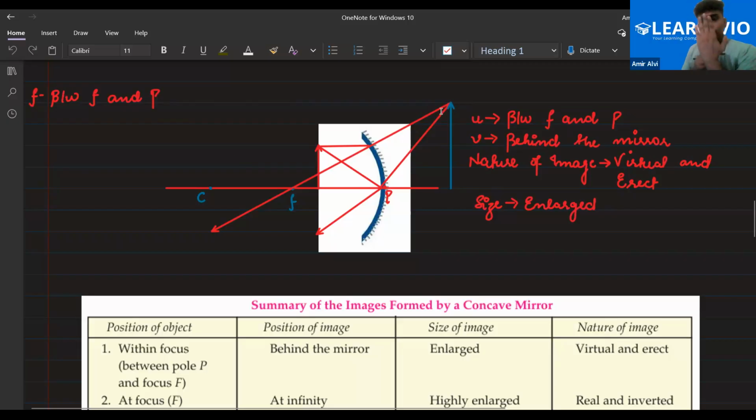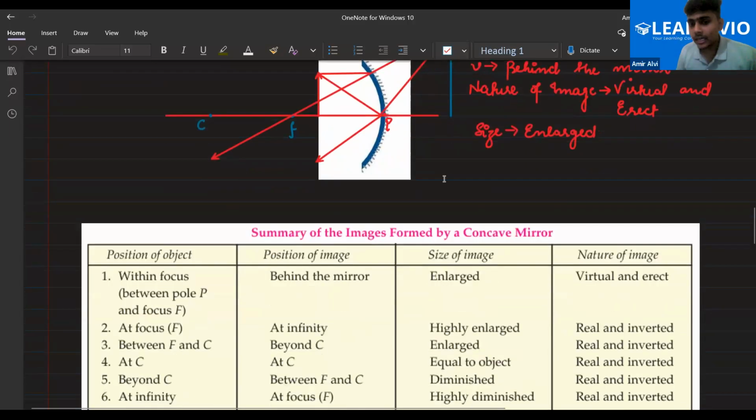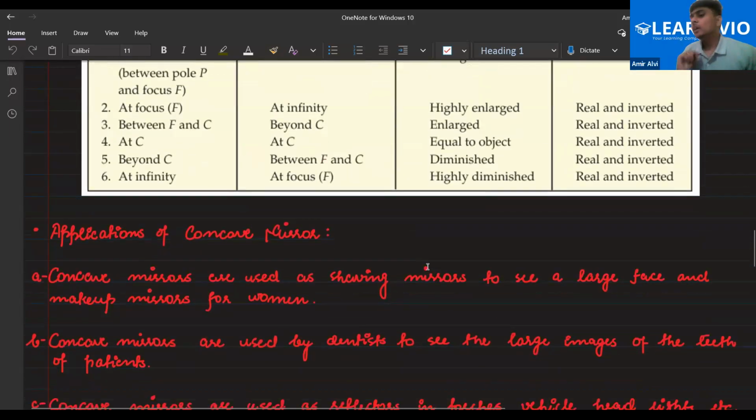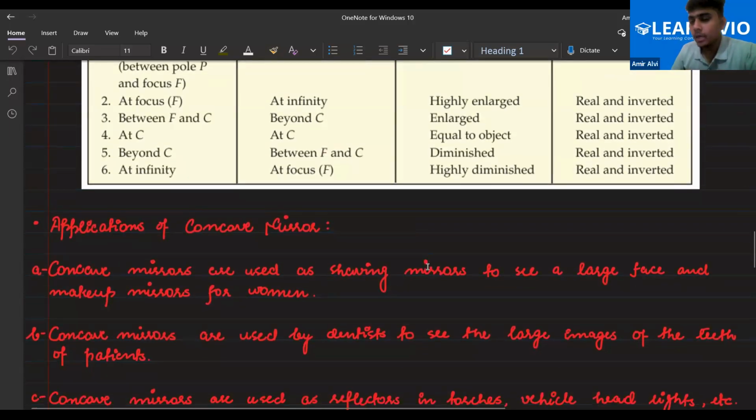That means when you place the mirror very close to the face, the mirror will produce a virtual and enlarged image. That means the person can easily shave the beard. That is the first real-world application.